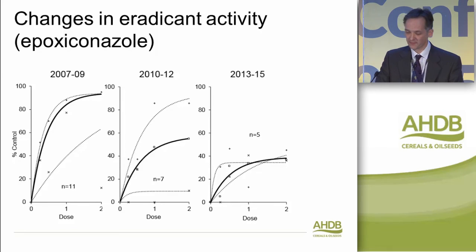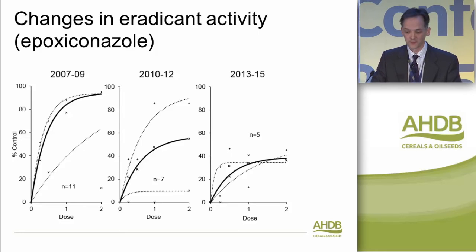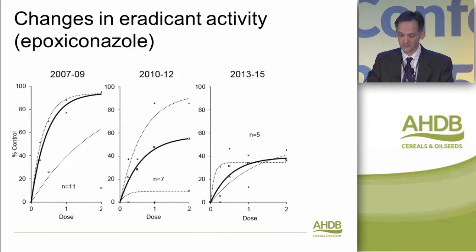We look at curative. This is what we see, and perhaps the starker change: back in 2007 to 2009, around 90% control, or 85 perhaps, from a full dose of epoxy. That dropped to around 45 or 50% control between 2010 and 12, and now it's about 35 to 40% control from the last few samples that we've had.